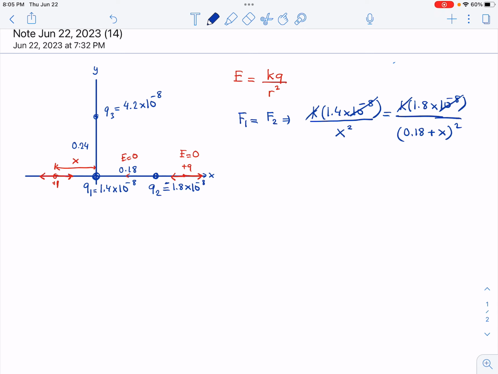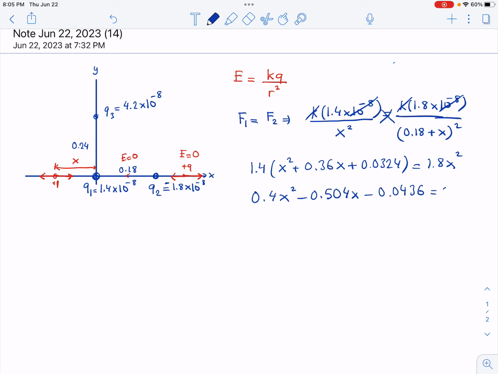So technically we have a quadratic equation here. Bring everything to one side, make this positive, so you will have 0.544x minus 0.0436 equal to 0. This produces two answers.